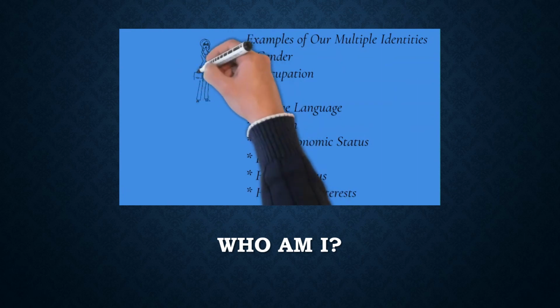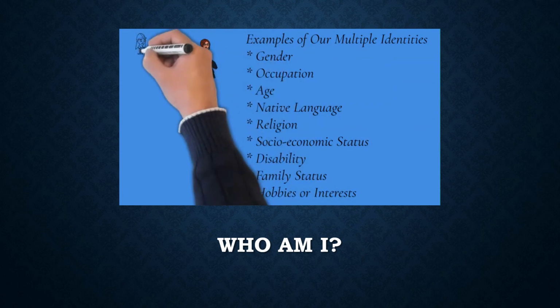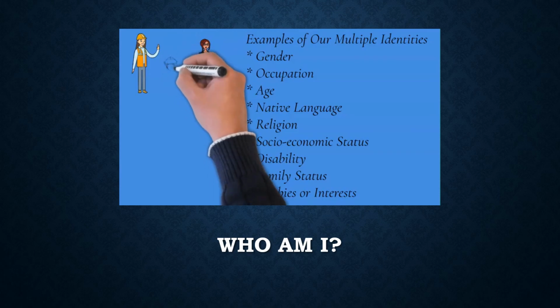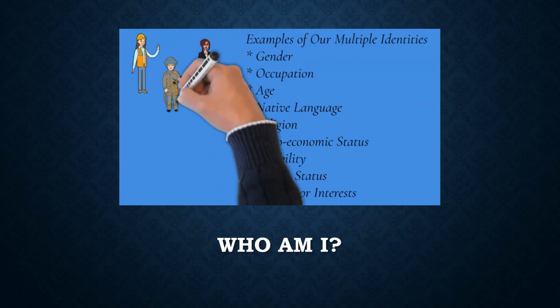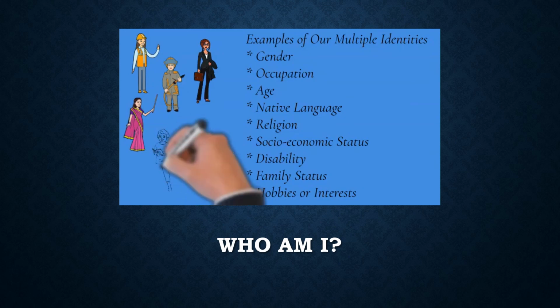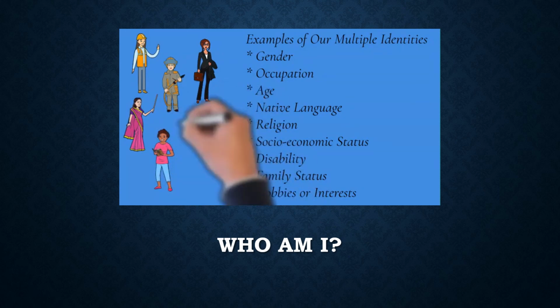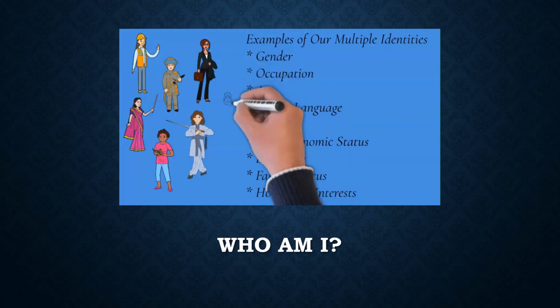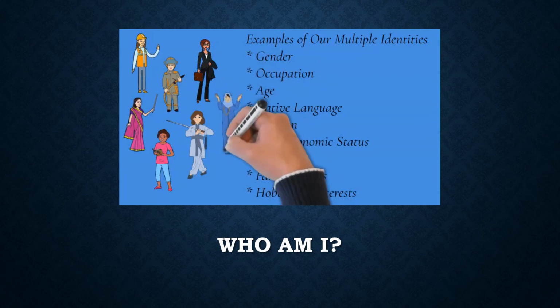Some examples of our multiple identities are gender, male or female, your occupation, your age, native language, your religion, socioeconomic status, disability, family status, or even your hobbies or interests.